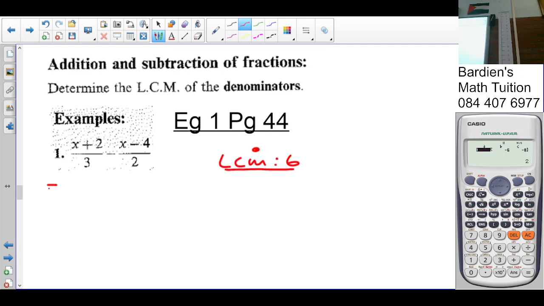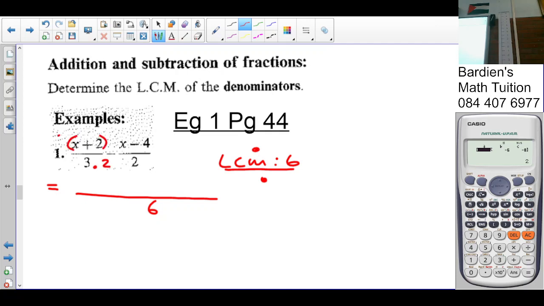So now we must make equivalent fractions, not so? So your next step is, at this point we make equivalent fractions. The question is, what must 3 be multiplied by to get 6? 2.